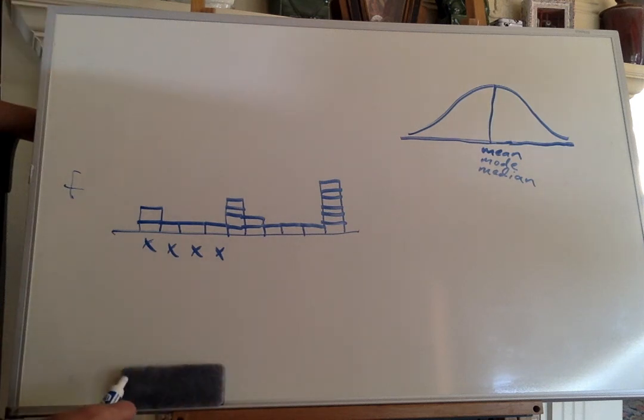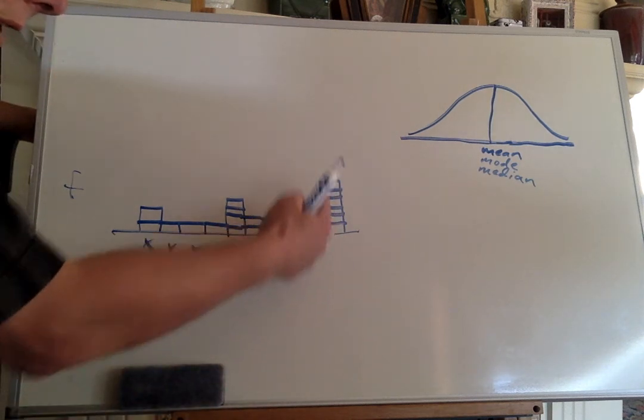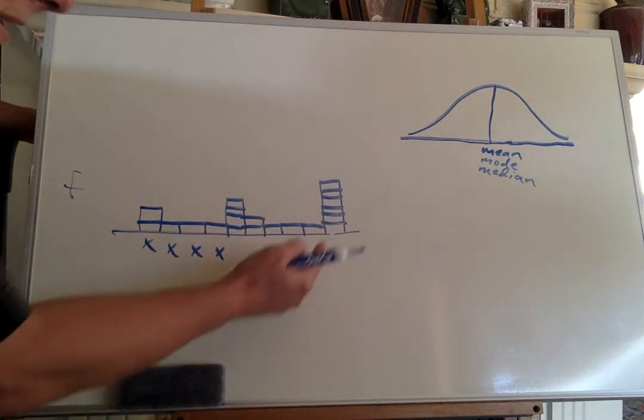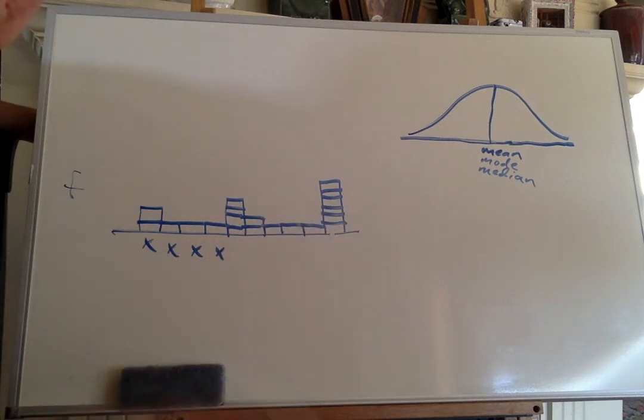Where's the mode in this case? Well, the mode is here. That's the most frequent. Is that a measure of the central portion of this distribution? Absolutely not. In fact, it's at the very far end.